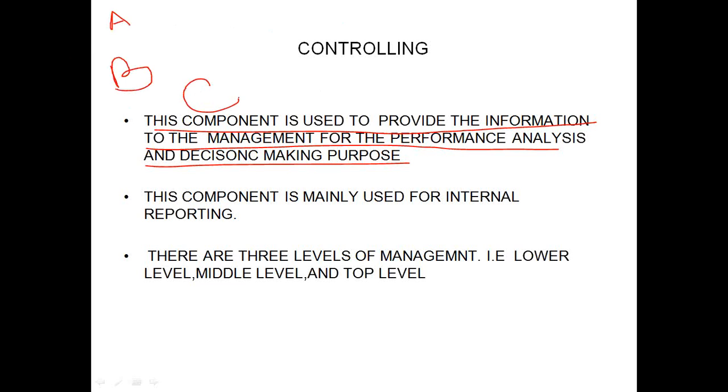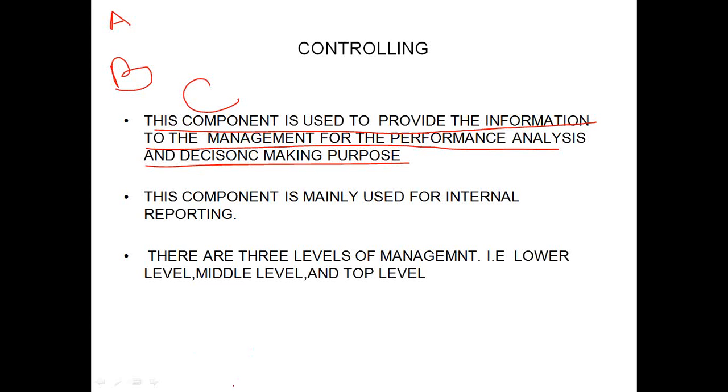Then the most important is submission of financial statements to the registrar of companies and stock exchange commissions. Like that, we have to submit the financial statements to many external legal authorities. That's why this FI component is called an external reporting tool and controlling is called an internal reporting tool.